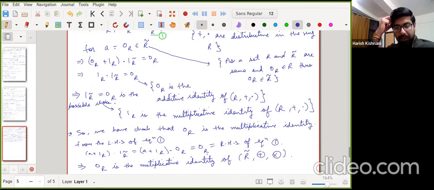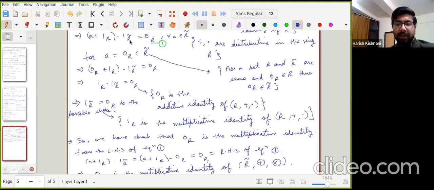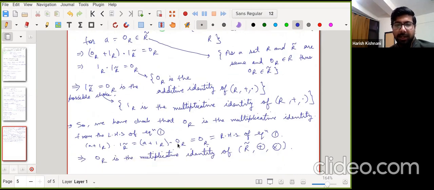So we put 1 of R delta to be 0 of R, and we saw that the condition is satisfied for all elements A. A is not playing a role here. For this choice of 1 of R delta, the equation is satisfied for all values of A. That's why 0 of R is the multiplicative identity.